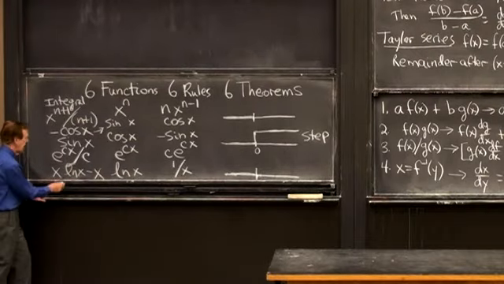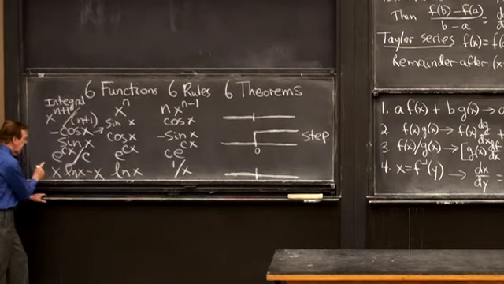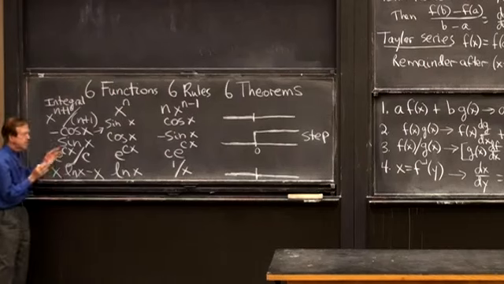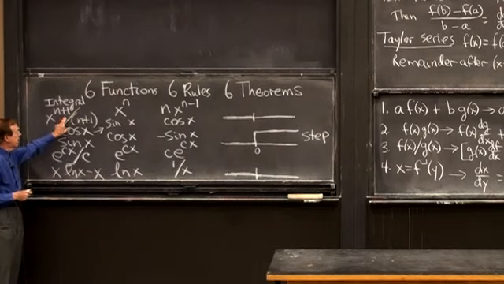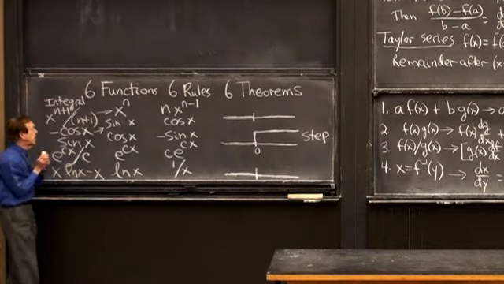So 2 1s would cancel, and the product rule would leave me with log x times the derivative of that. It works.